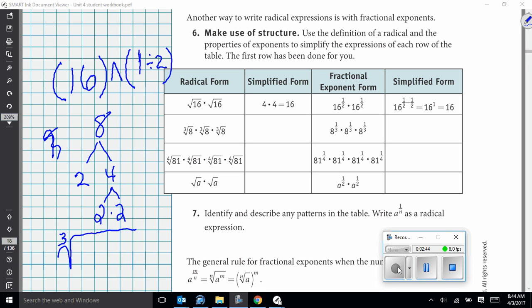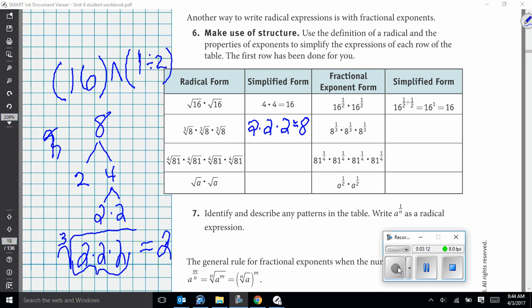So this can be rewritten as 2 times 2 times 2. These 3 twos, when they escape, how many escape out? 2. So this is 2 times 2 times 2, right? So what's 2 times 2 times 2? 8.